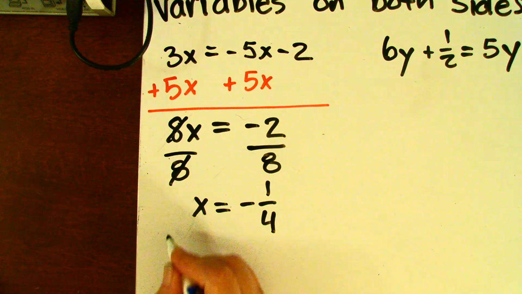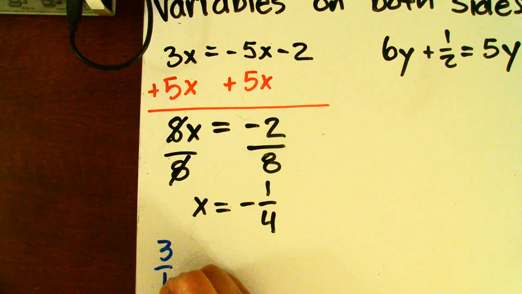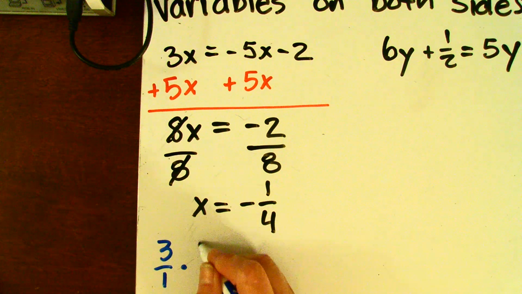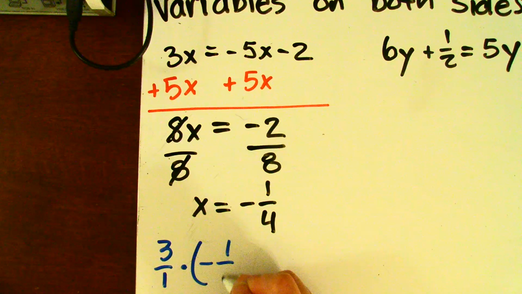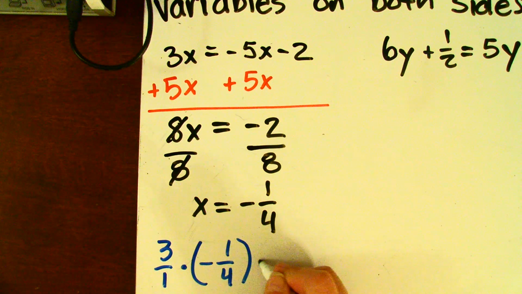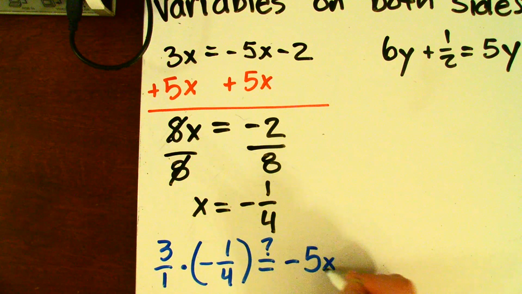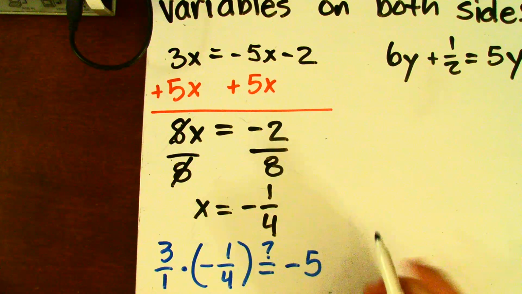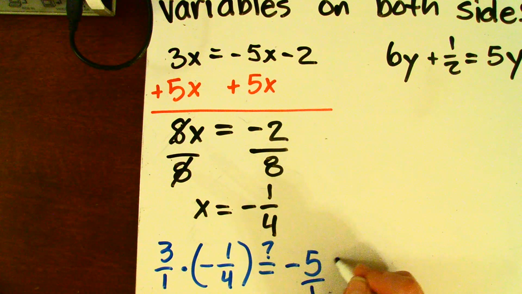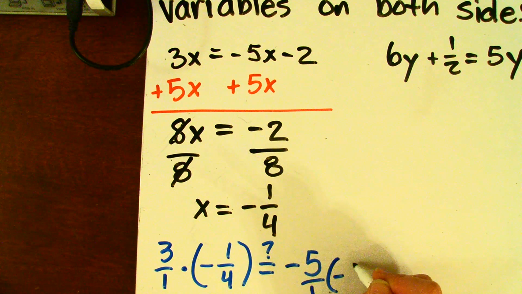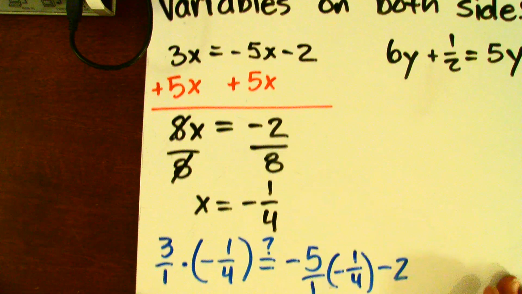So if I have 3 over 1 times negative 1/4, I'm trying to find if that's equivalent to 5 over 1 times negative 1/4 minus 2.